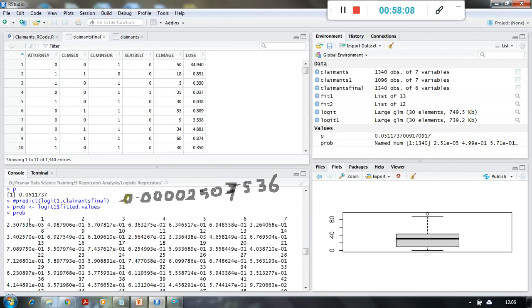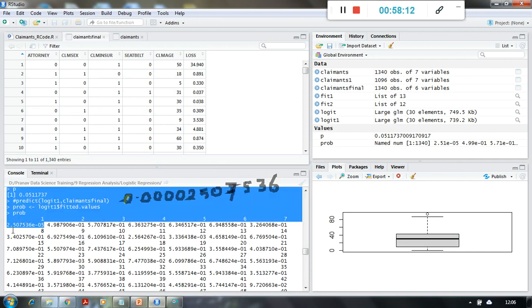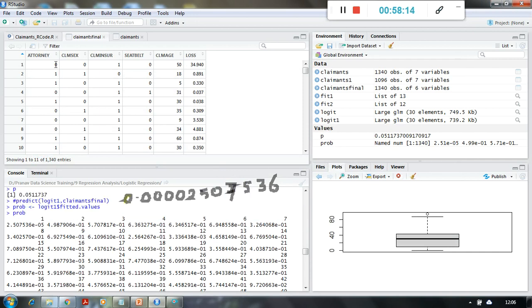So if you see the output, it is saying 0 over here. And what is my original value? It is 0, which means my model has fitted this particular observation correctly.